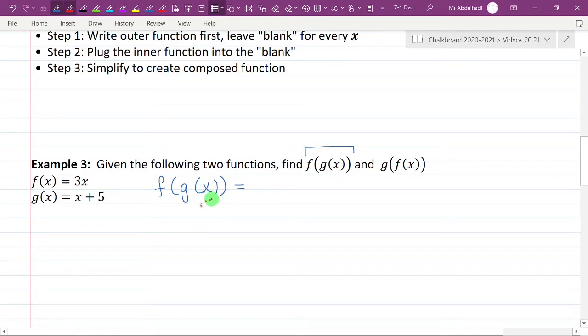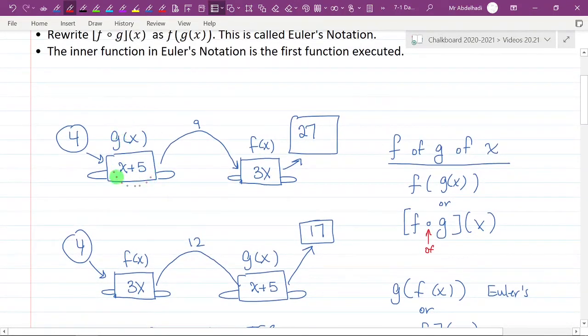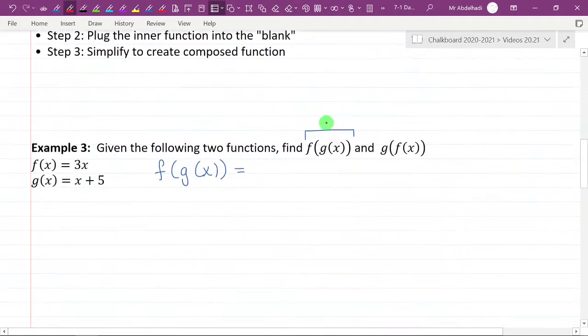You can clearly see that the g is inside and the f is outside, right? Outside the parentheses. So the inside function gets done first, which explains why they're in the order here. The function that goes first is the inside function, and the function that is outside is the outer function here, the second function.